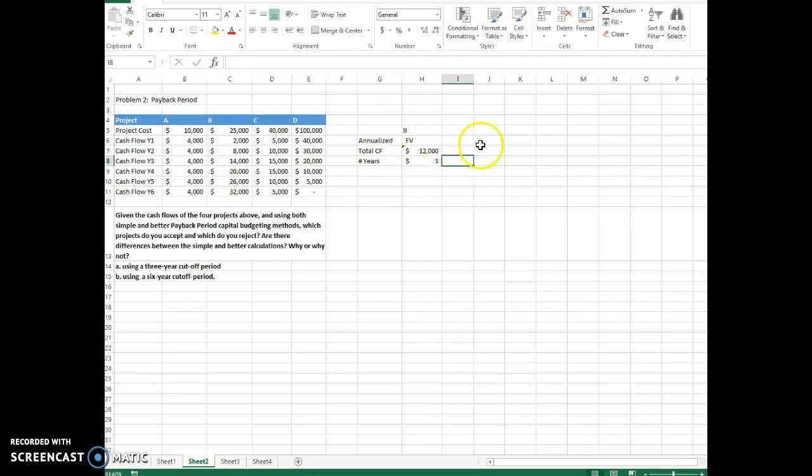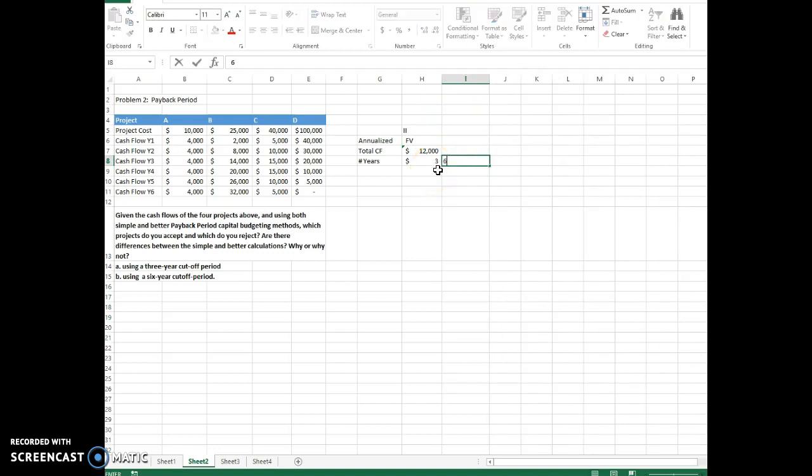So our FV for 3 years, let's put 6 over here. Okay, let's do our total cash flows for 6 years. I don't want these to be a number. I want them to be just a number. All right, and then total cash flows for 6 years is going to be equal to the sum of what? The cash flows for the 6 years, right? 24,000.